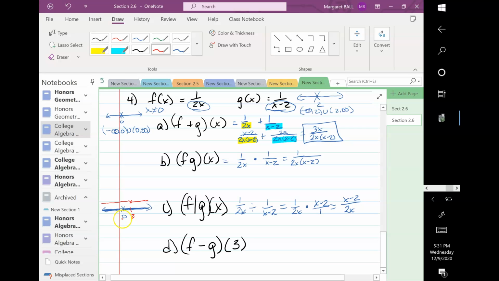It can't be 0 and it can't be 2. It's going to go from negative infinity to 0, from 0 to 2, and from 2 to infinity. That's your new domain.